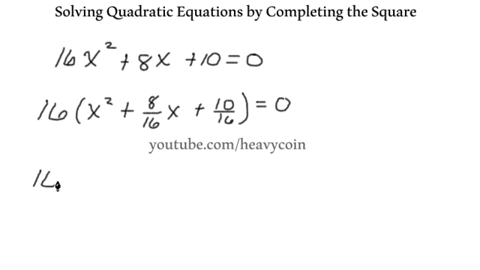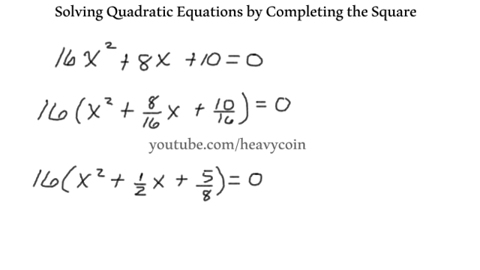Alright, so let's go ahead and simplify this down. So this becomes a half x plus, and then this piece right here, what's that going to become? Let's see, 2 goes into 10 5 times, and 2 goes into 16 8 times.